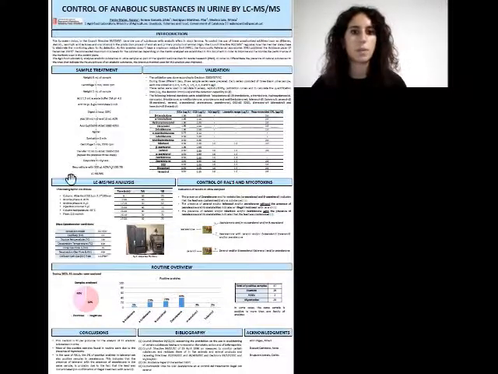Here you can see the sample treatment, and here you can see the chromatographic conditions. In the validation, a total of 17 analytes of different families were analyzed. During 3 different days, 3 series were prepared, and each series consists of 3 blank urine samples, spiked at different concentrations.